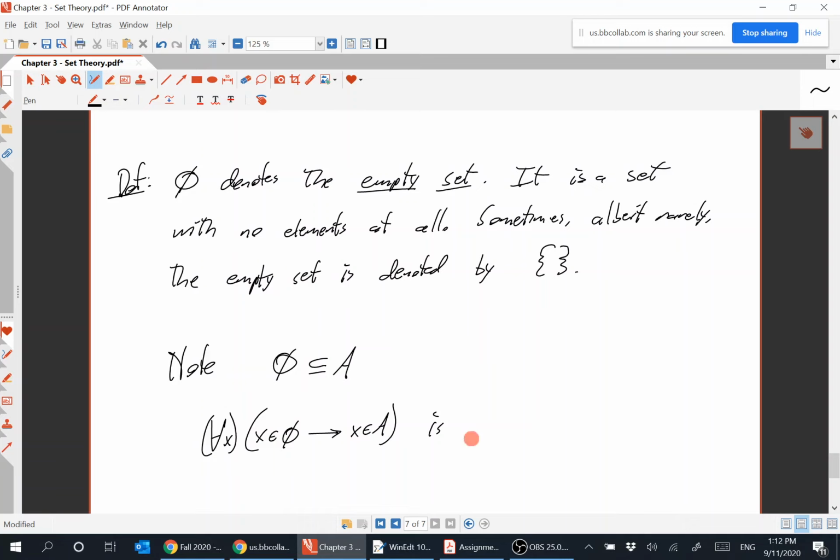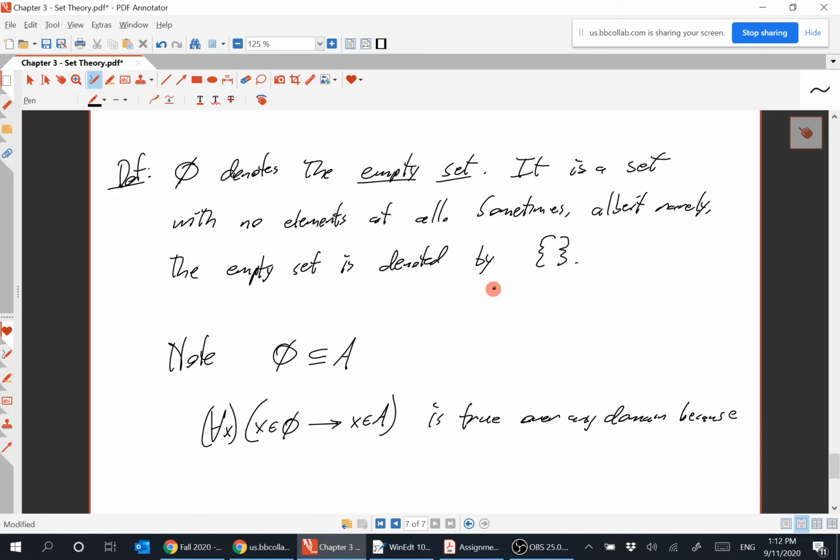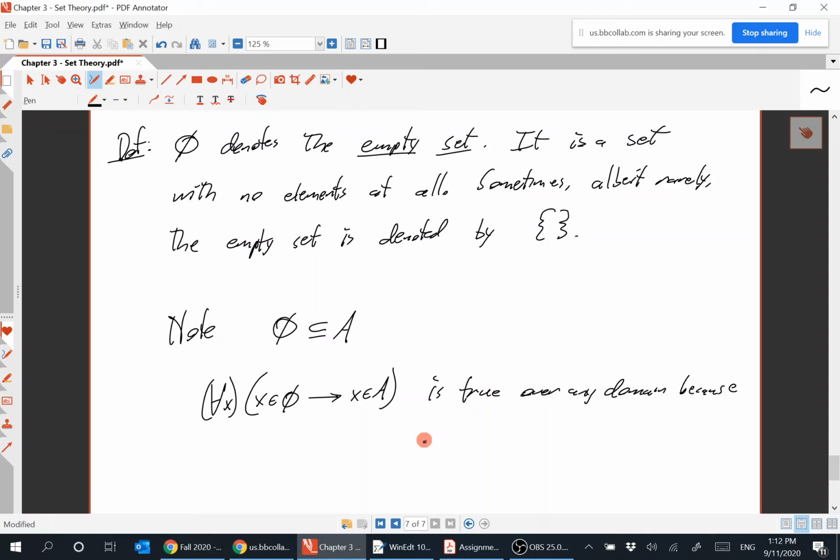True. True over any domain, because this is always false.